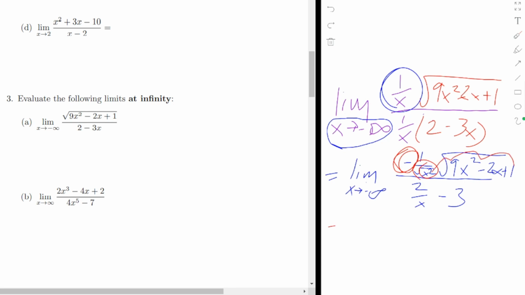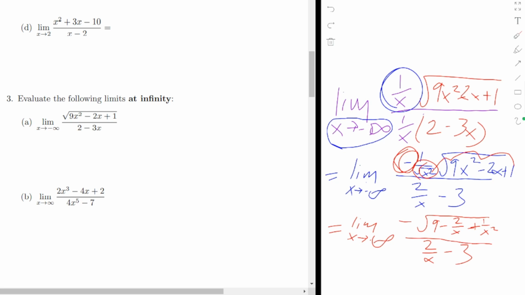All right, and I get that this is equal to the limit as x goes to negative infinity, my bad, of negative square root of 9x squared divided by x squared is just 9, minus 2 over x plus 1 over x squared, all over 2 over x minus 3.